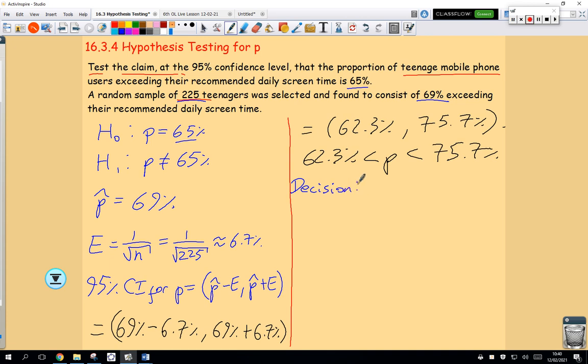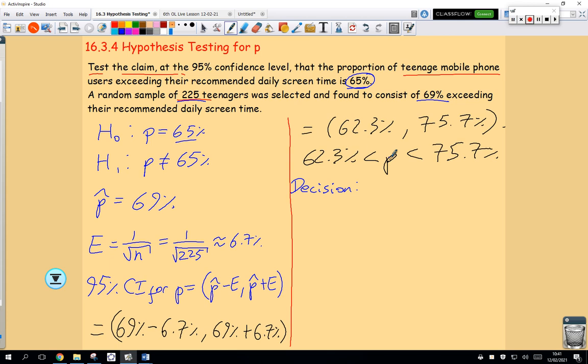I'm going to either reject or not reject. Remember, I never accept. And I'm going to look at what is the claimed proportion. Well, the claimed proportion is 65%. Our research suggests that the true proportion is between 62.3 and 75.7. So the claimed proportion does not disagree with our research.